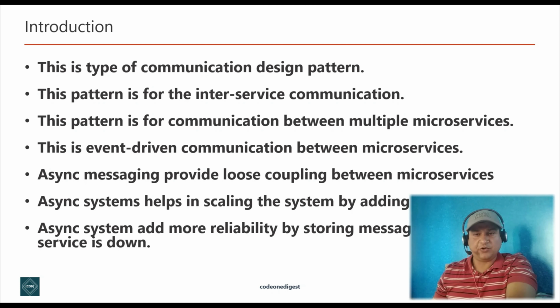Given the same scenario in asynchronous communication, multiple microservices communicate with each other over a message broker like Kafka or RabbitMQ. We can either use queues or the publish-subscribe pattern with message brokers to achieve asynchronous communication. Publisher-subscriber and queue both have their own use cases and applicability, and we will see that in a while. Okay, friends, clear?